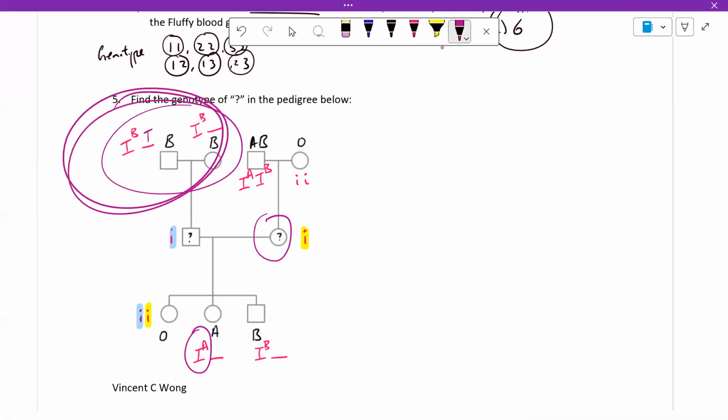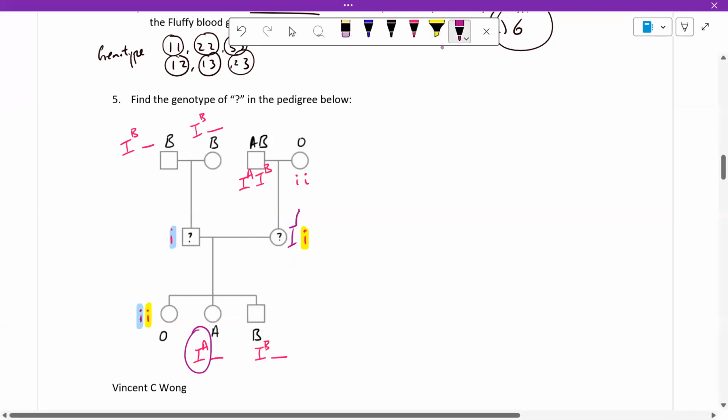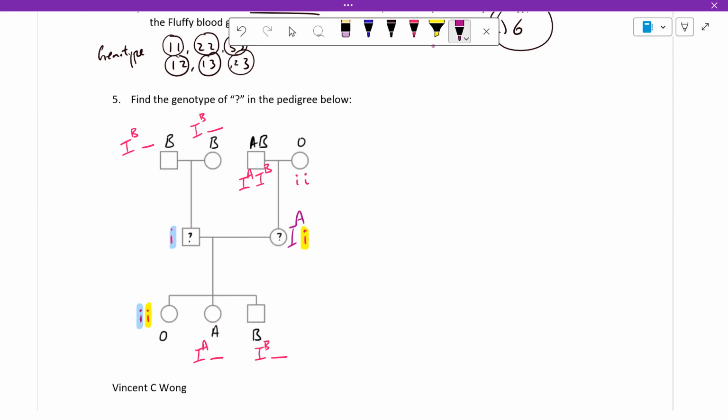Well, because if they did, their blood type would have been AB, right? Which it is not. So the IA has to be from mom, and that means the IB would be right here. So this one is not too difficult.